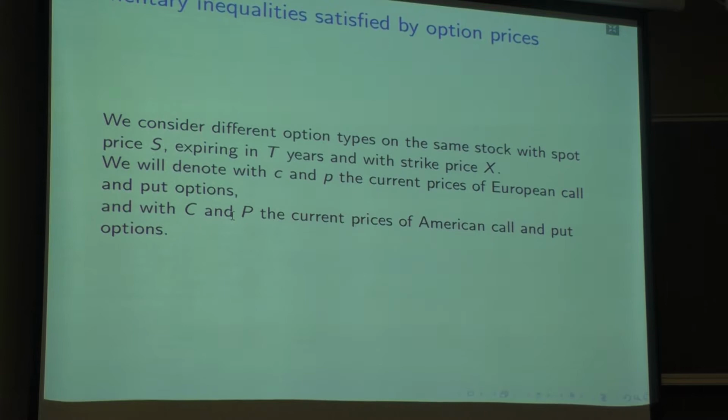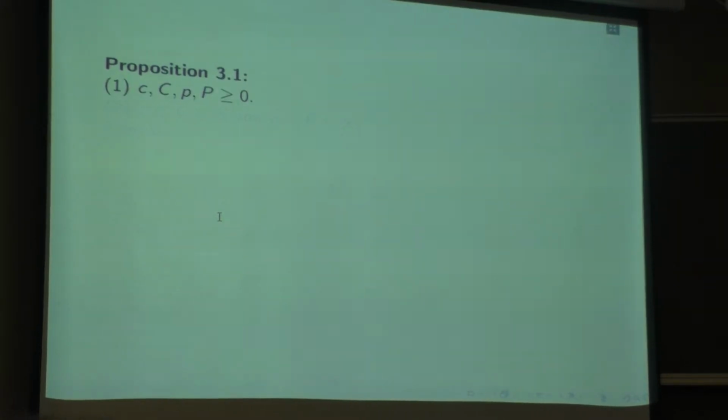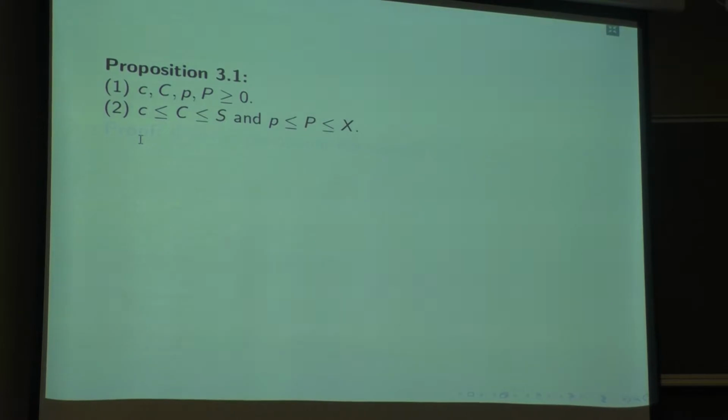So what can we say about these 4 numbers, these 4 prices? So let's start with some easy things. First, the prices of any of these options is greater or equal to 0. They're non-negative. And the second thing I want to show you is European call options are not more valuable than the corresponding American call options, and those are not more valuable than the spot price of the underlying asset.